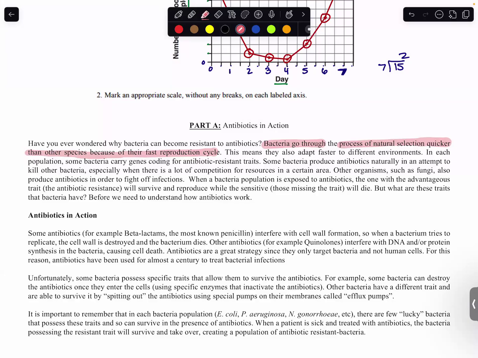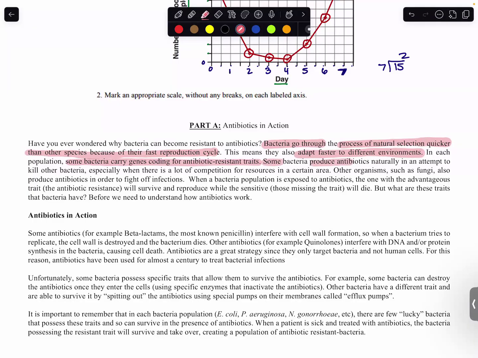This means they also adapt faster to different environments. In each population, some bacteria carry genes coding for antibiotic-resistant traits. This is just an overview, which we've already spoken about. Some in a population will naturally be antibiotic-resistant.